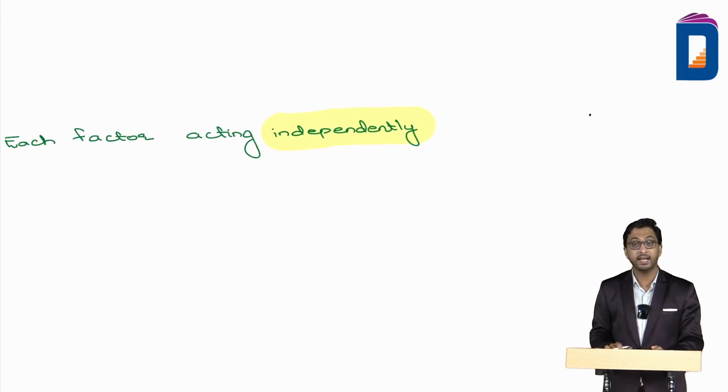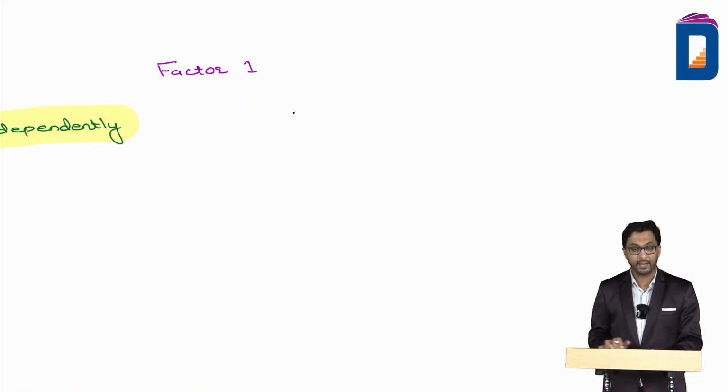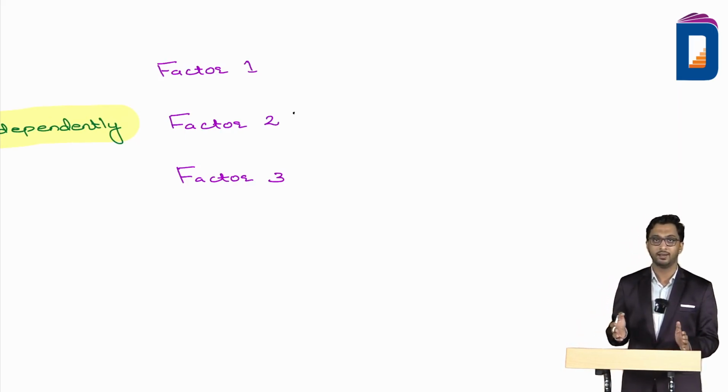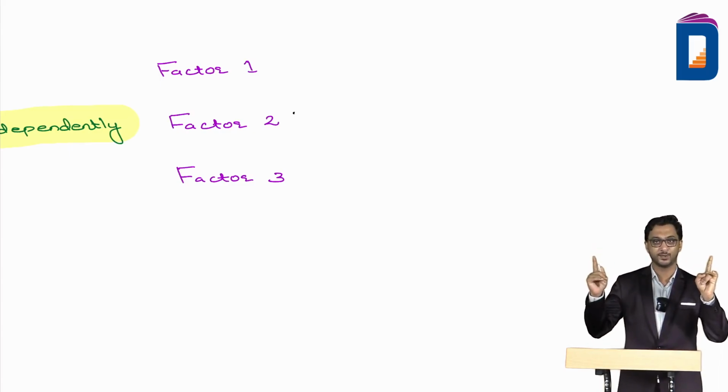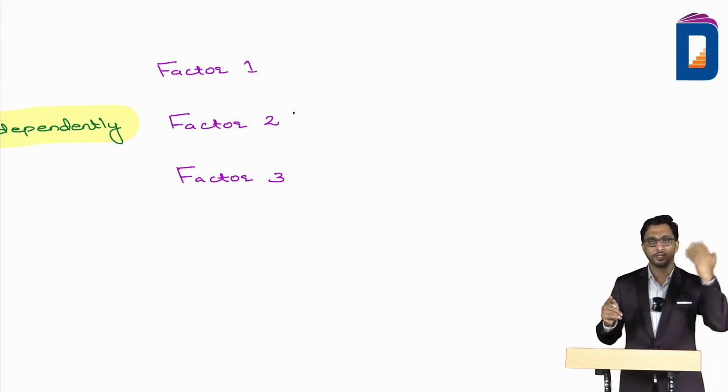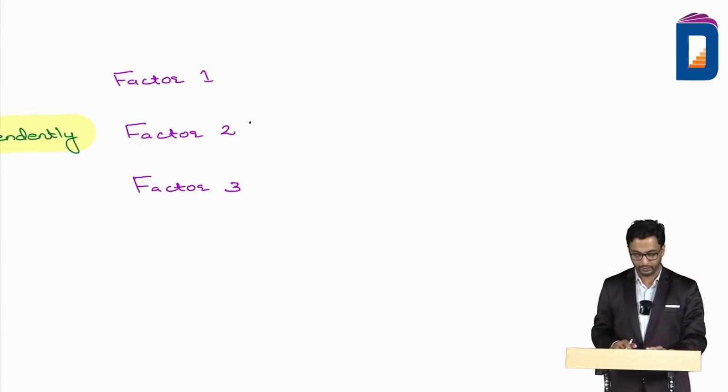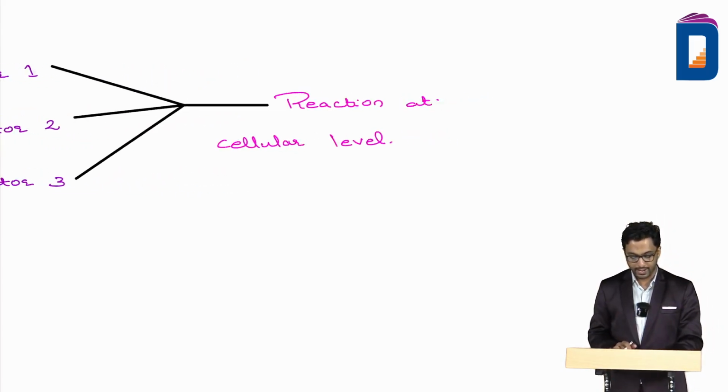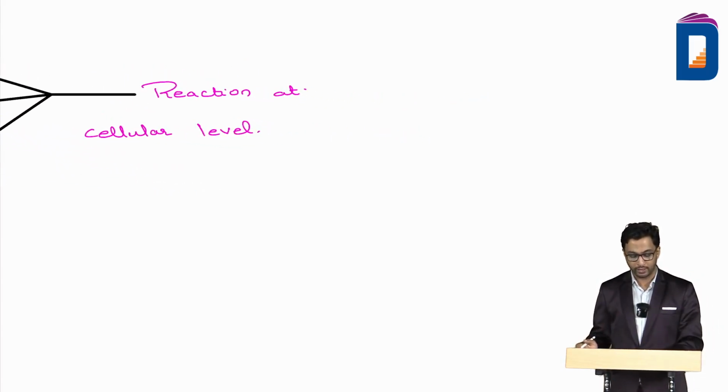Here, it's acting independently. That means factor 1 can act independently to cause a disease, factor 2 can, and factor 3 can, so any one can cause the disease. It's not one agent alone. Either of them can cause a disease, but they act independently, with reaction at the cellular level.